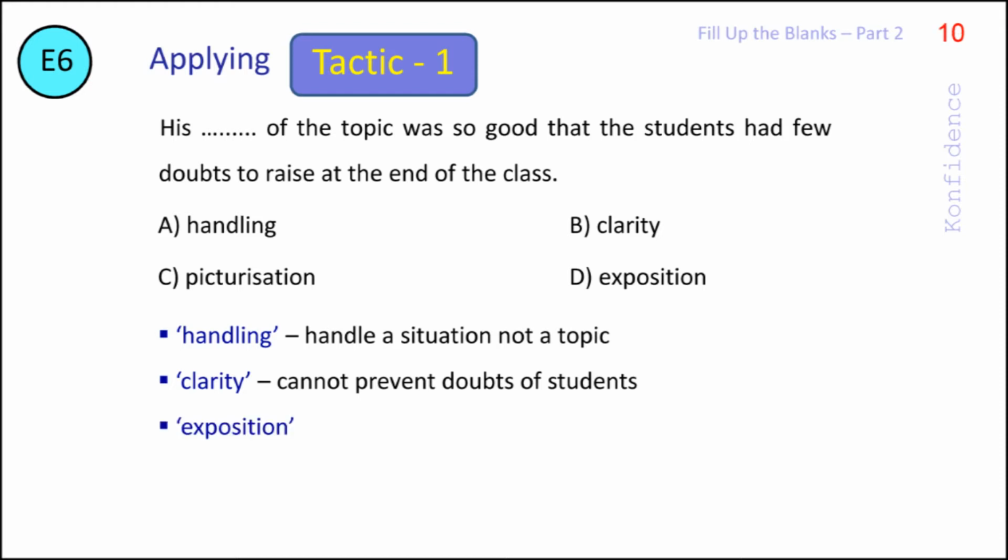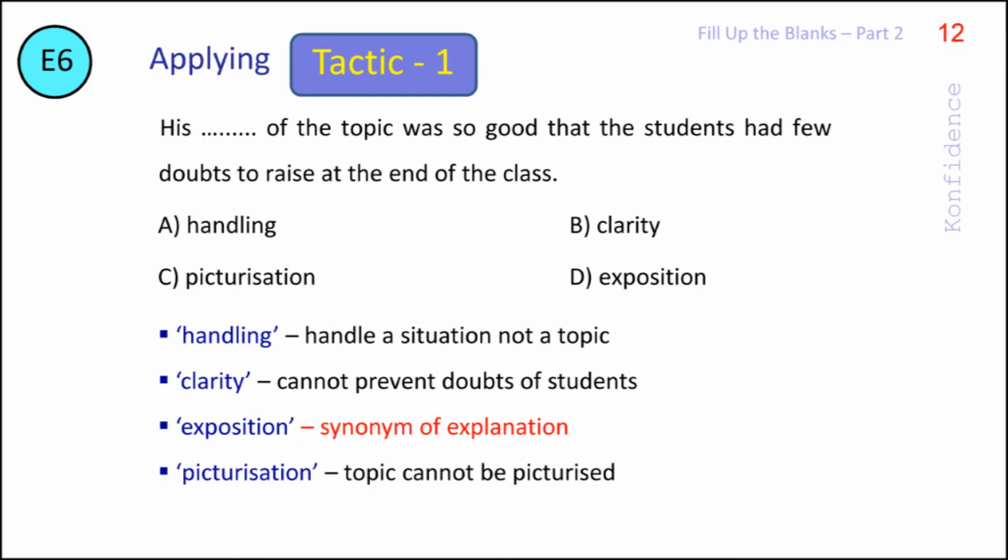Between option C and D, the word exposition is more appropriate than picturization, because exposition is a synonym of explanation, the word that we thought before looking at the choices. Option C, picturization, is not suitable here. Usually, a topic is explained, not picturized. Hence, option D is the answer.